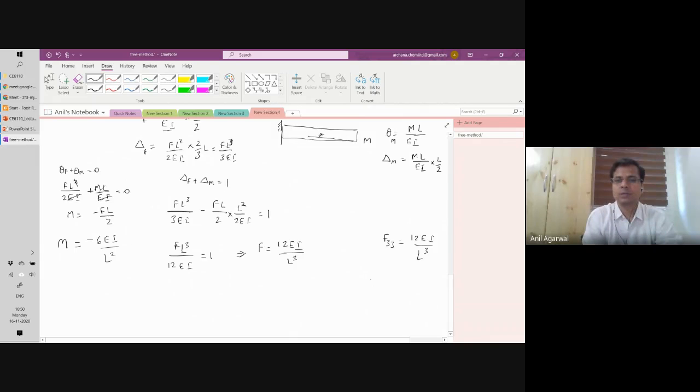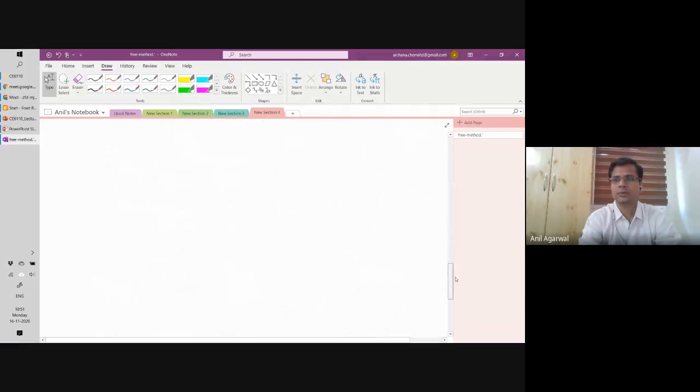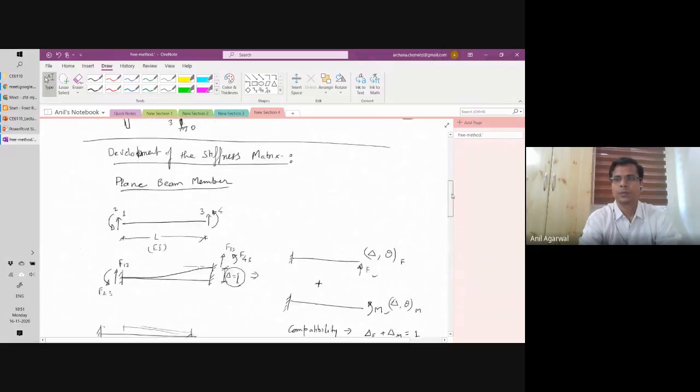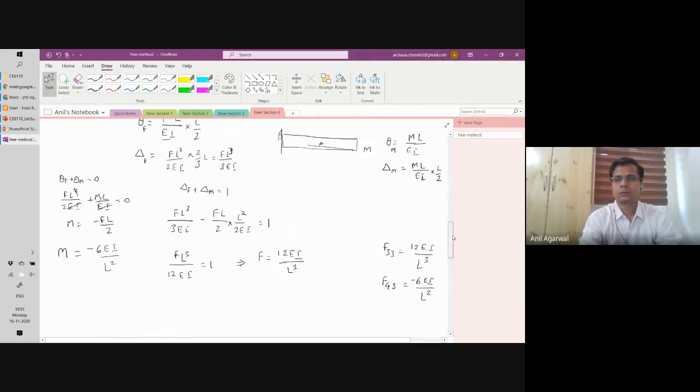So M is nothing but your F43. You agree? It is in the fourth degree of freedom. So therefore F4 because of unit displacement in third. So F43, and that is minus 6 EI divided by L square. Okay. So these are the forces because of unit displacement in the third degree of freedom.